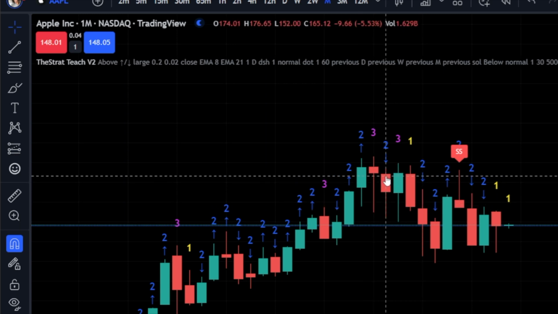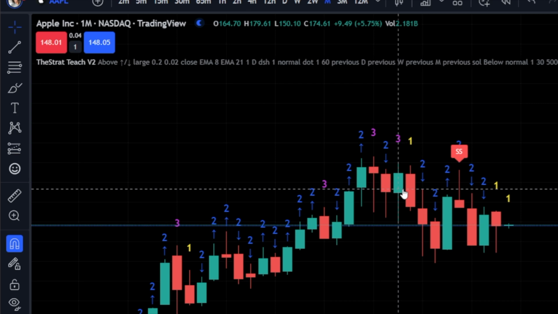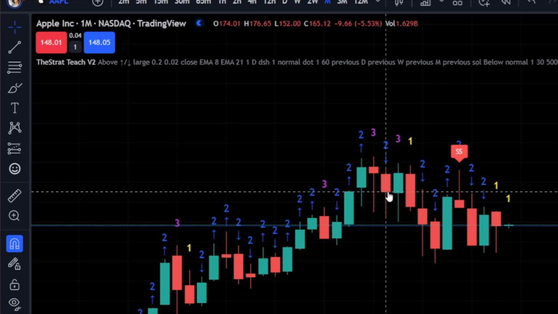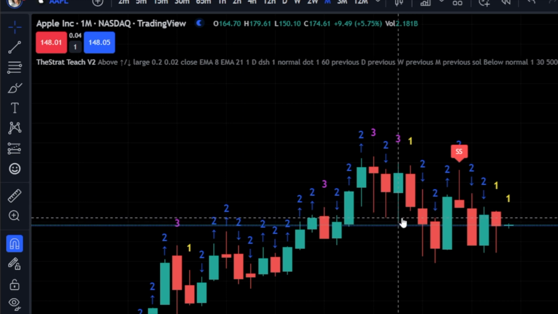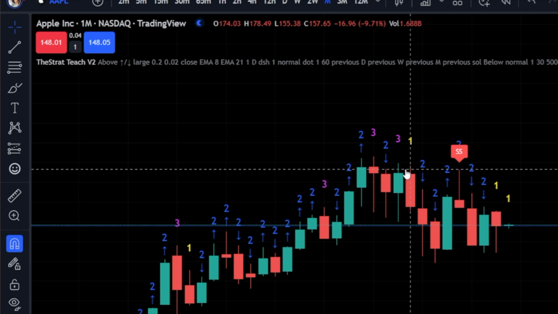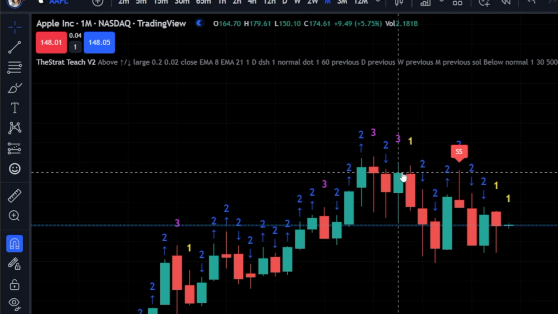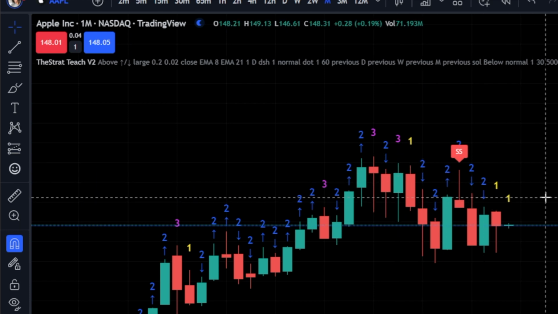So here's a little bit different. Here, you closed here, opened here, dropped all the way down, took out this previous low, came back up, took out that previous high before it closed. So that is what a 3 bar looks like.